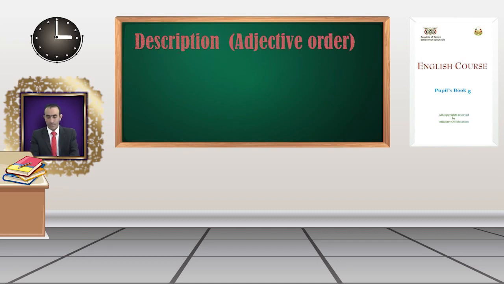Adjective order. First, why do we use adjectives? We use adjectives to describe nouns, pronouns, places, things, or ideas. If you have more than one adjective, 2 adjectives, 3 adjectives, 4 adjectives, we need something called adjective order.